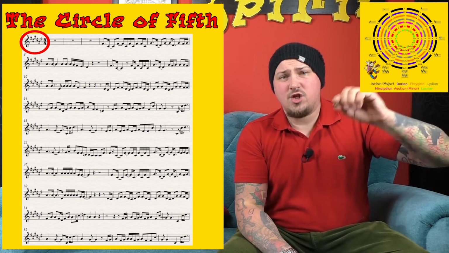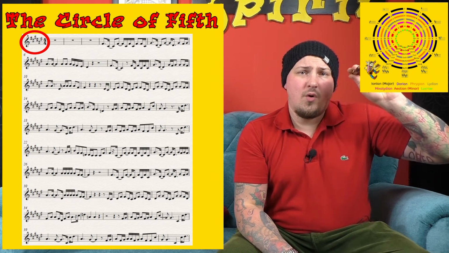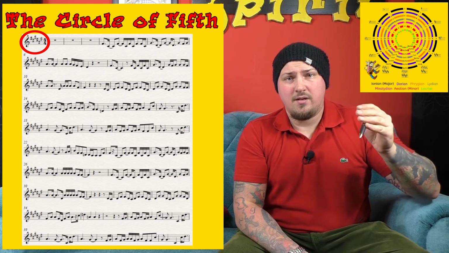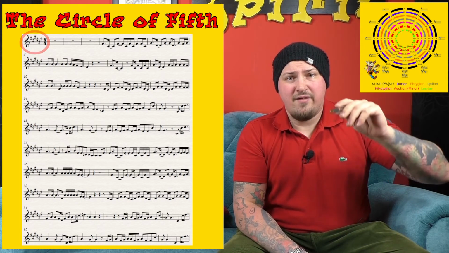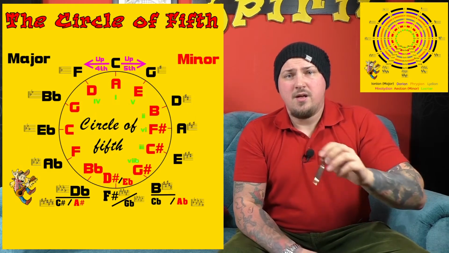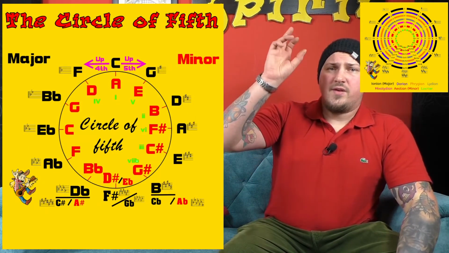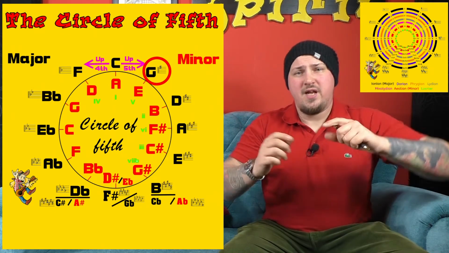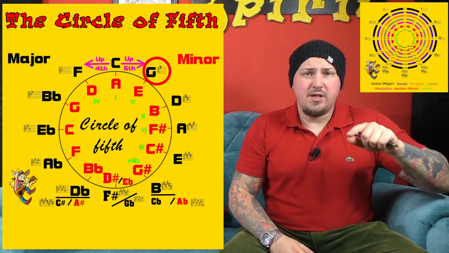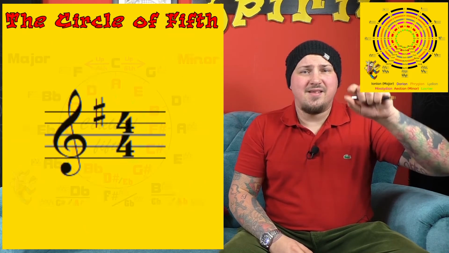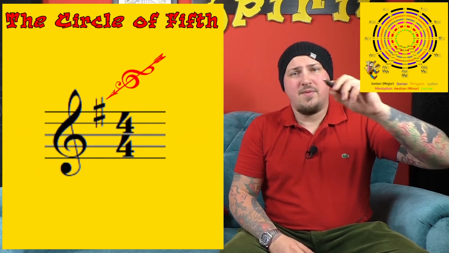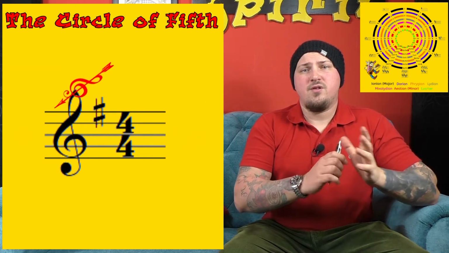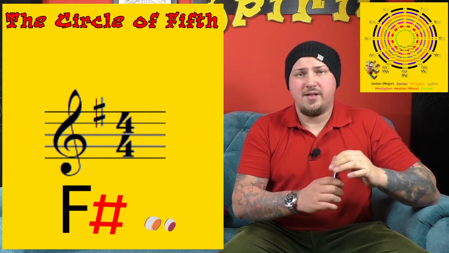The flats and the sharps show you which tones in this scale are flat or sharp. You know what I mean? If you have the G scale, the circle of fifths shows you the G major scale has 1 sharp. If you take a further look at the sheet music, you have 1 sharp, and this sharp is on the F line. So it shows you that you have to use an F sharp, and this is a really great thing, I think.